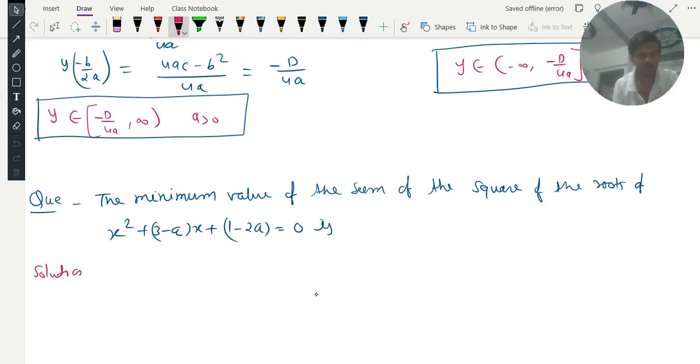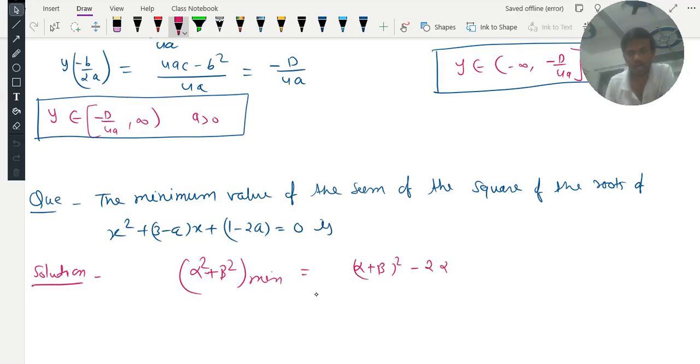Let the roots of this equation be alpha and beta. We have to find the minimum value of alpha square plus beta square. We can write alpha square plus beta square as alpha plus beta to the power 2 minus 2 alpha into beta.